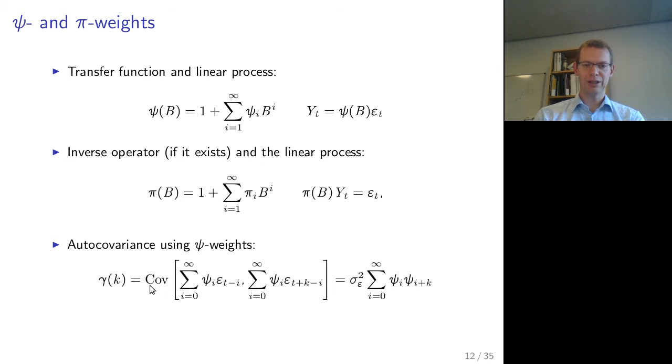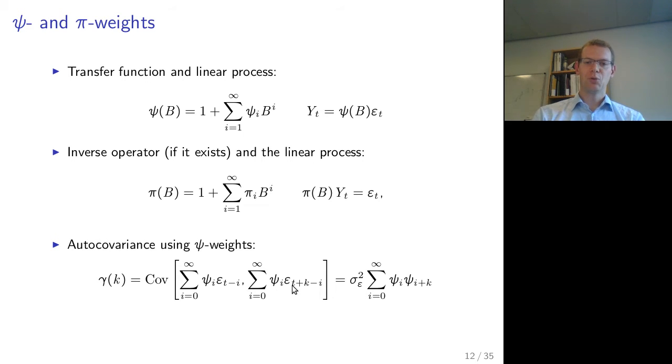Then we have to calculate the covariance of the process and the process shifted k time steps forward. What you have to keep in mind is that these epsilons are assumed to be IID, so the only place you get a contribution from this infinite sum is when the index of the epsilon is the same.